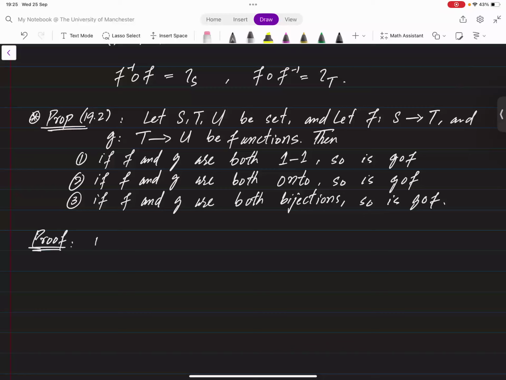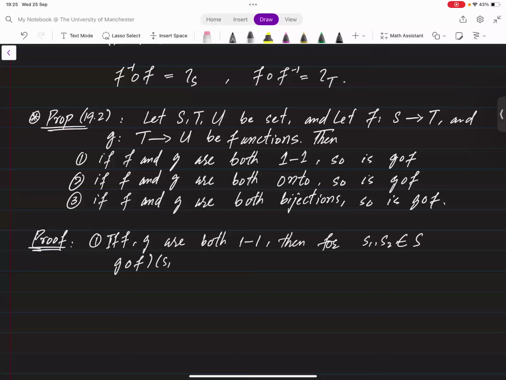So for 1, if f, g are both 1 to 1, then we take two small s inside the S set, s1 and s2, and suppose g of f of s1 is g of f of s2.